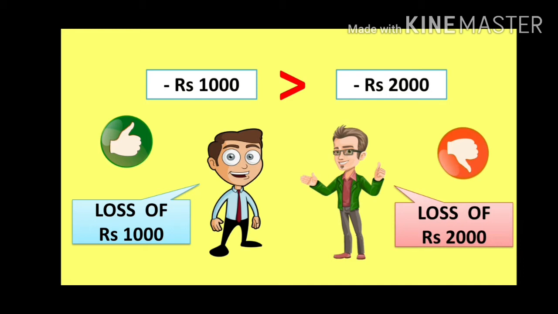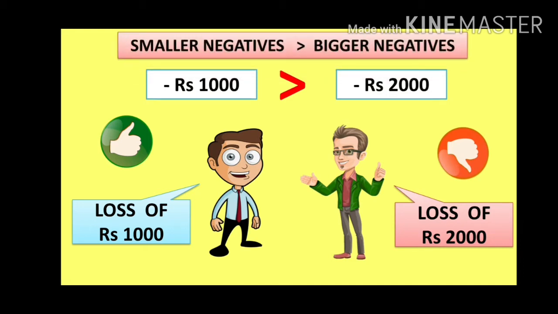We are using minus because there is a loss. So we can say smaller negatives are always greater than bigger negatives. This is just the reverse of the previous case, where bigger positives are greater than smaller positives, but here it's the reverse. Bigger negatives are less than smaller negatives. So you can see minus 2000 is less and minus 1000 is more in value.